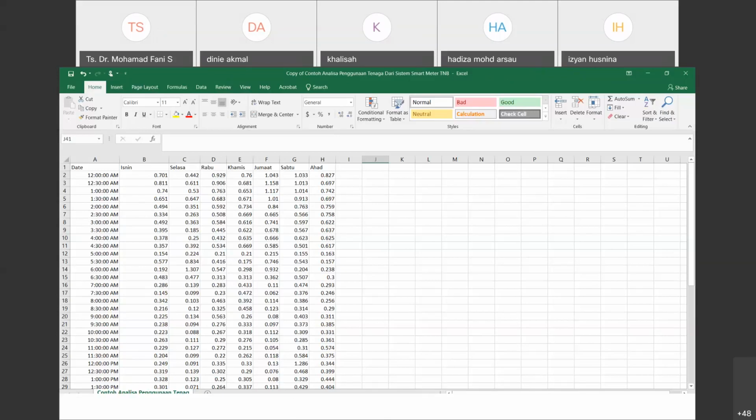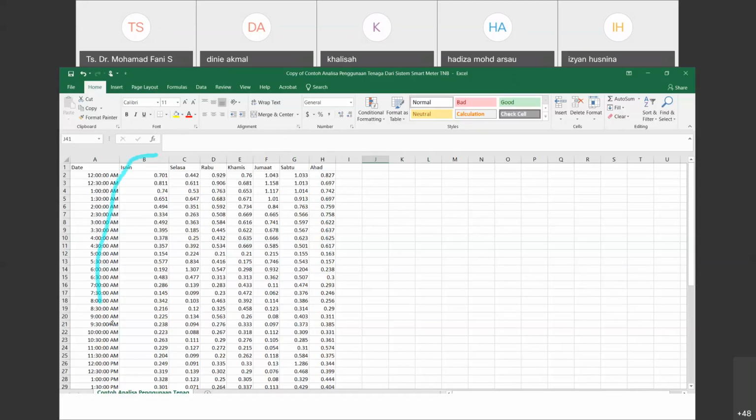And if you can get 14 days to verify the other 7 days as the verification, that's good practice for the load profile reading or load profile analysis.